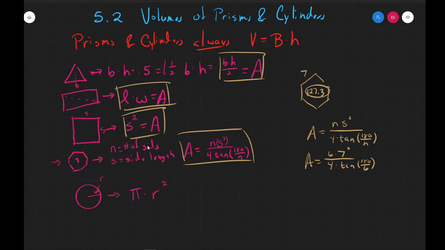So again, make sure you have all of these formulas down, and all of these are going to be the areas of the bases for each of these objects. All of these we've been doing to find these bases. The height you should be able to identify from your figure.